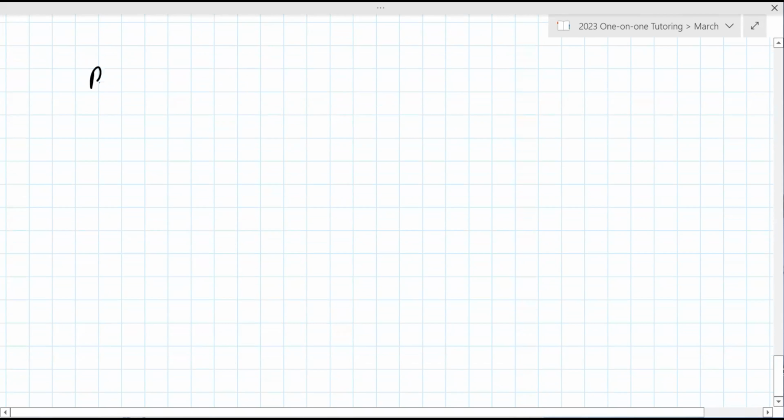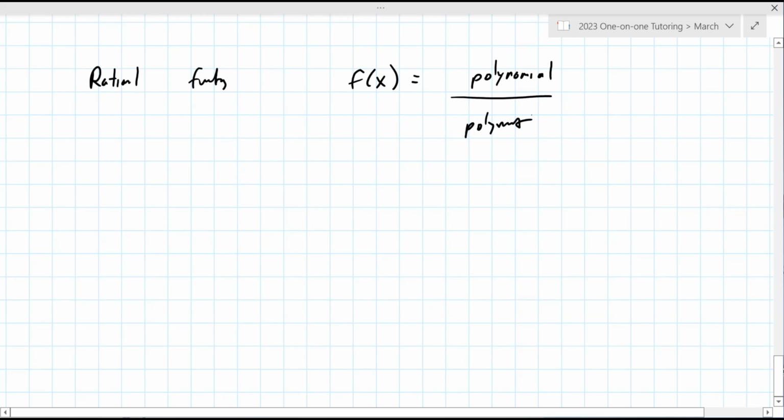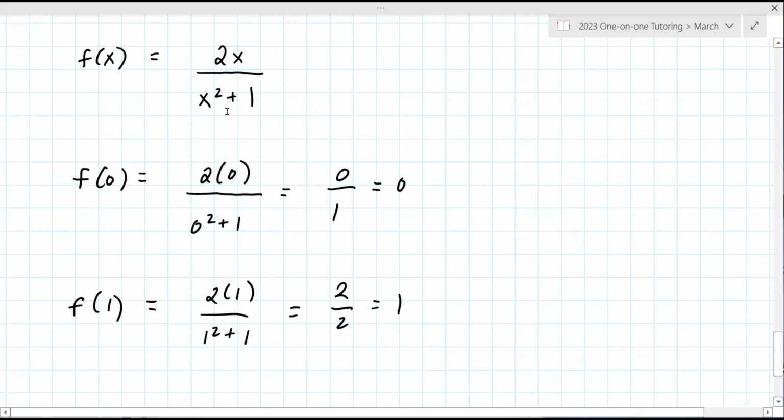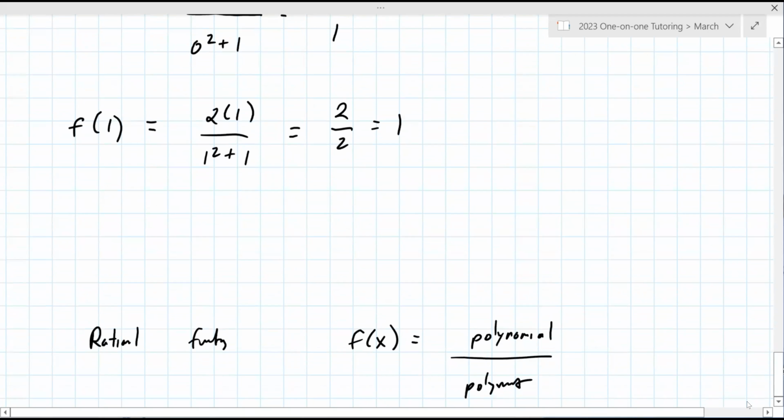Okay, so rational functions, you can think of them as almost like a polynomial over a polynomial. Okay, so for example, we just saw in the previous problem, this 2x is a polynomial, it's a line, x squared plus 1 is a quadratic. It's a polynomial over a polynomial.